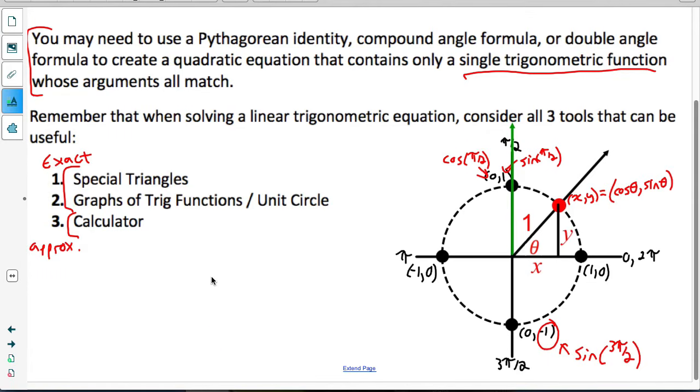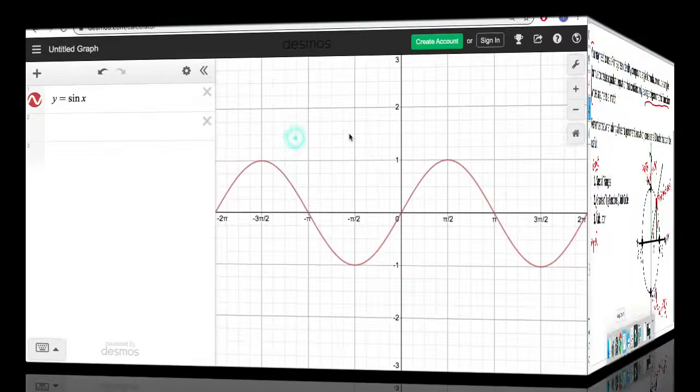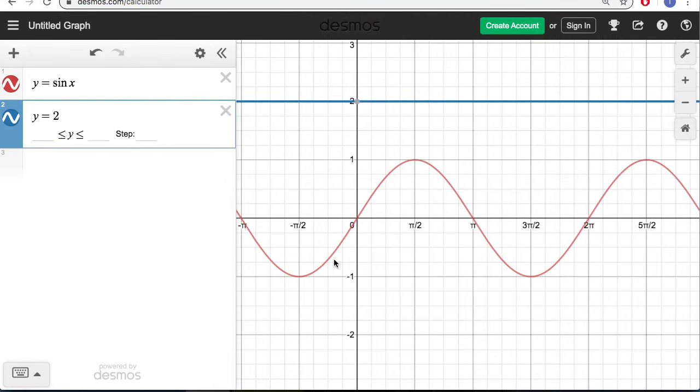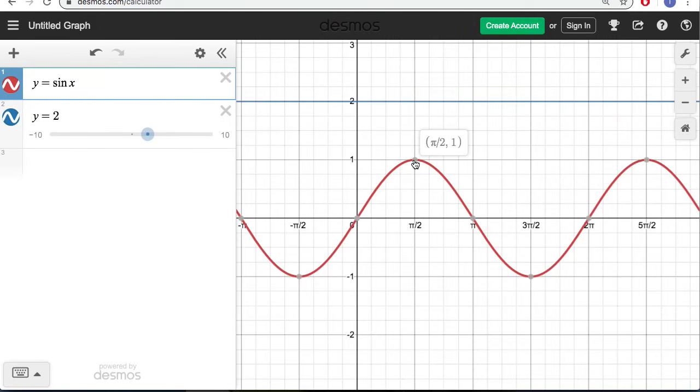Let me show you the graph in Desmos as well. So here's a sine function in Desmos. Look, when does this sine function have a y value of 2? Well, let me just draw in a horizontal line through y equals 2. So when does the sine function intersect that horizontal blue line? Never. The highest it ever goes is 1. Right? The trig ratios for sine or cosine are always between or including -1 and 1.